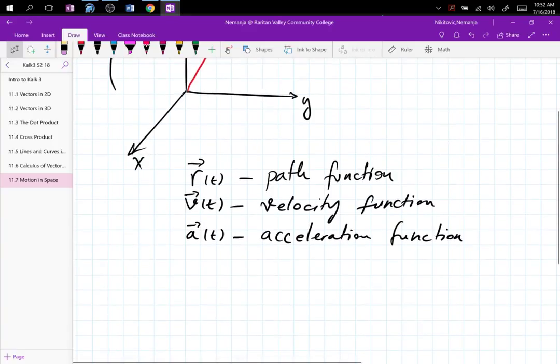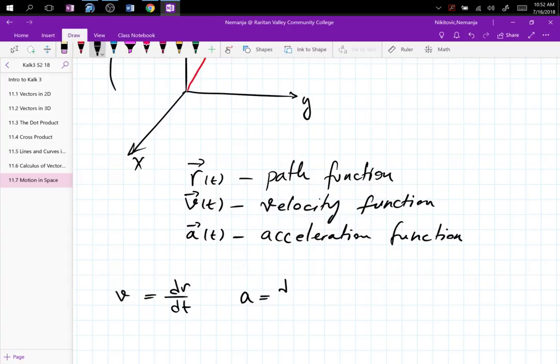So now all of the Calc 1 stuff still works the same way. So you can get velocity as a derivative of the position, and get acceleration as the derivative of velocity, or the second derivative of position.